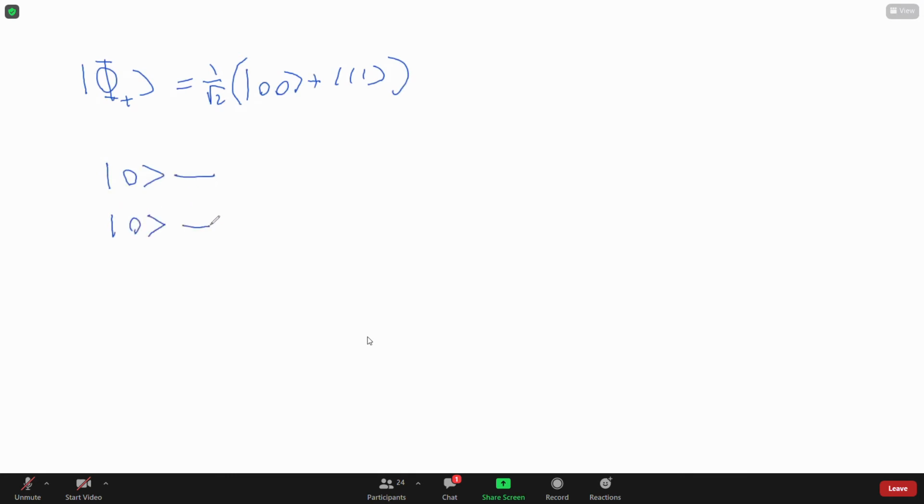Let's start by trying to make the state phi plus, 1 over square root of 2, 0, 0 plus 1, 1. If we want to make that, we could start in the state with 0 on both qubits. The first thing we notice is that we need an equal superposition of 2 states. So we can put in a Hadamard gate.